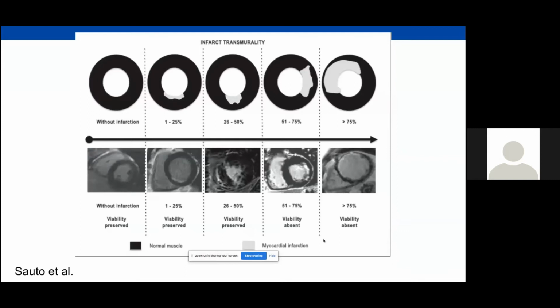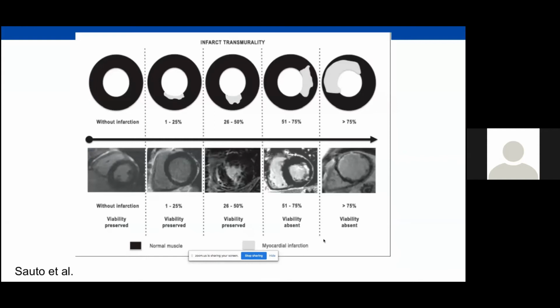So this is to show how, when a subendocardial scar due to infarct is present, its thickness can tell us of the viability of the myocardial segment.